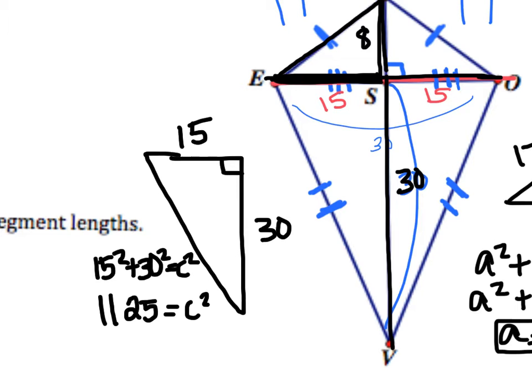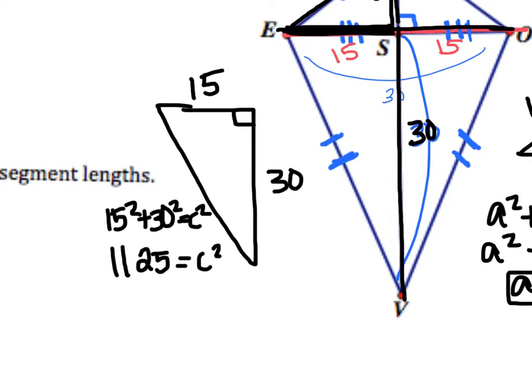And then I'm going to square root that and simplify it because it's not a perfect square. So let's see, what's the largest perfect square that goes in? Well, 25 goes in, and that would be 45.